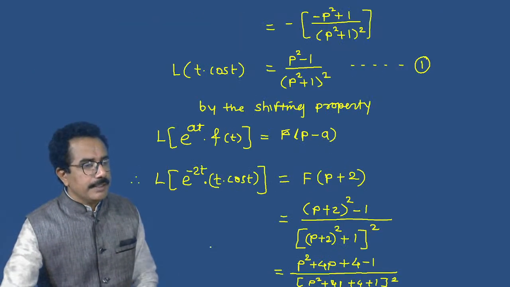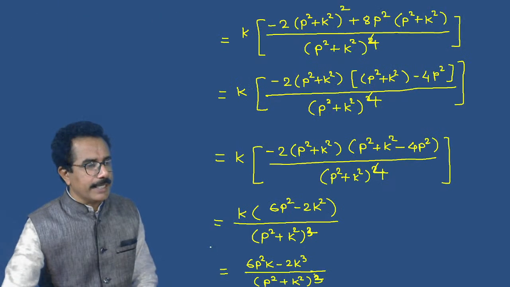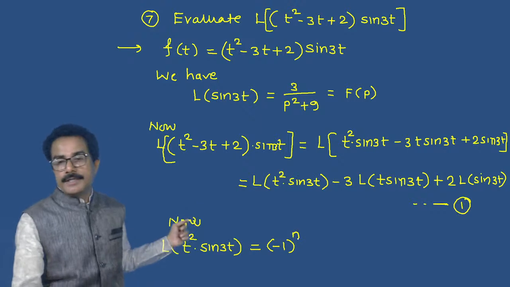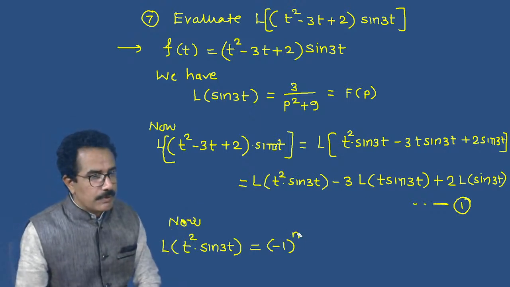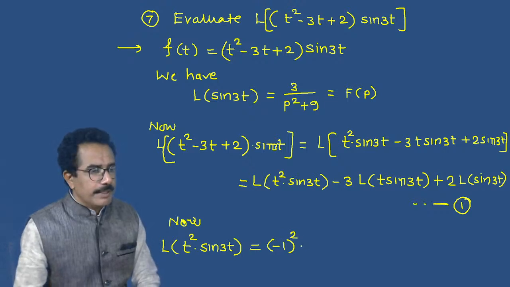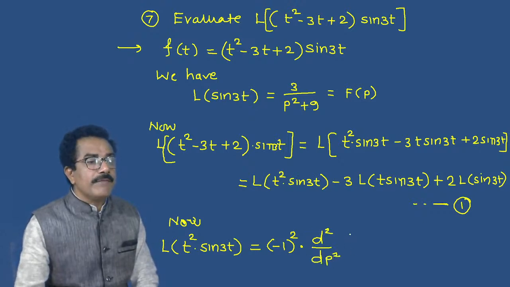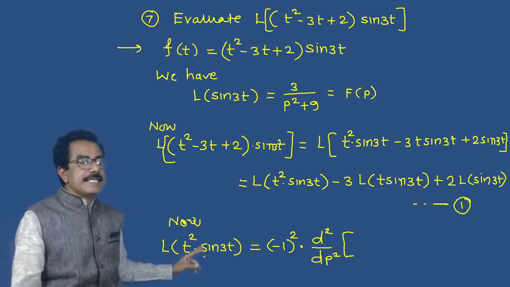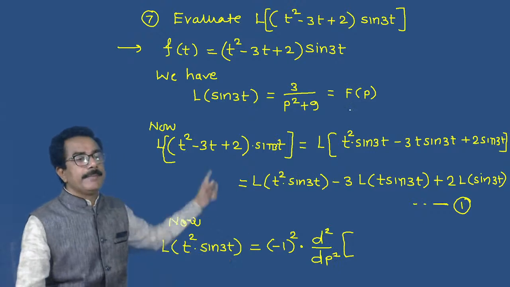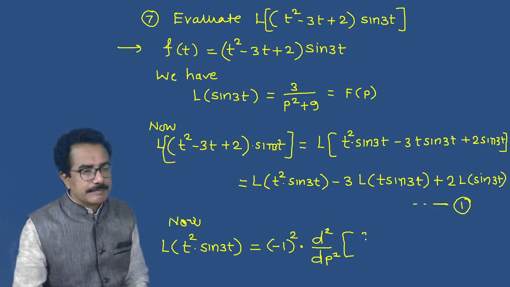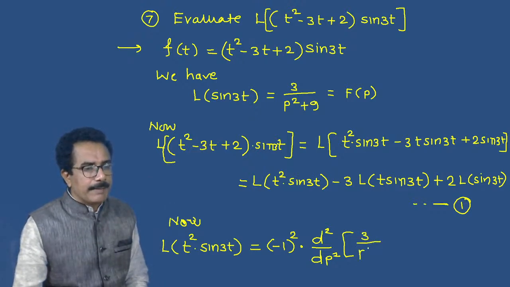So here we have to write, how can we write, student, you tell me. Minus 1 raised to n; here in this case, n means 2. So minus 1 raised to 2 into d2 by dp square into F of p. F of p means the Laplace transformation of sine 3t, which we can directly write in the form 3 divided by p square plus 9.